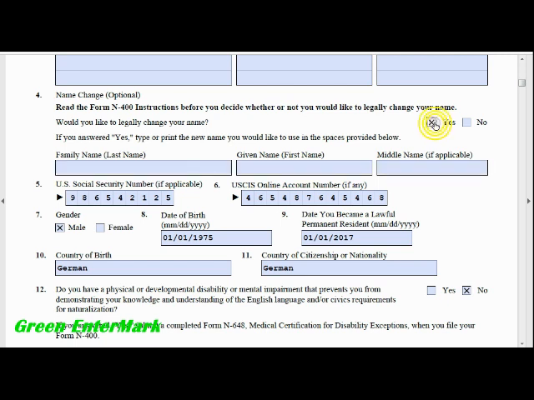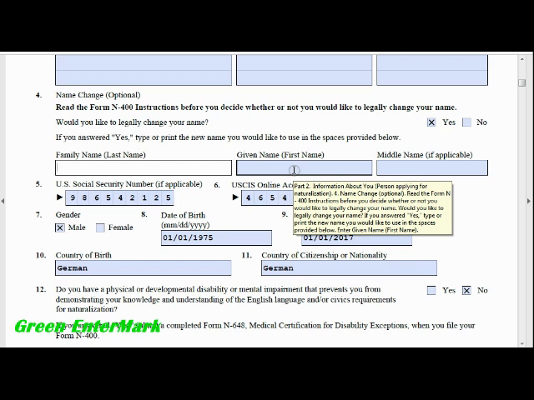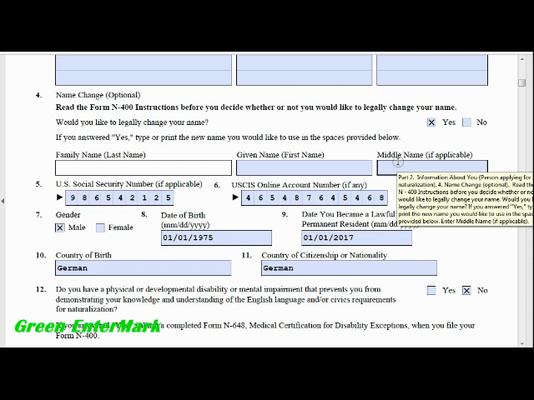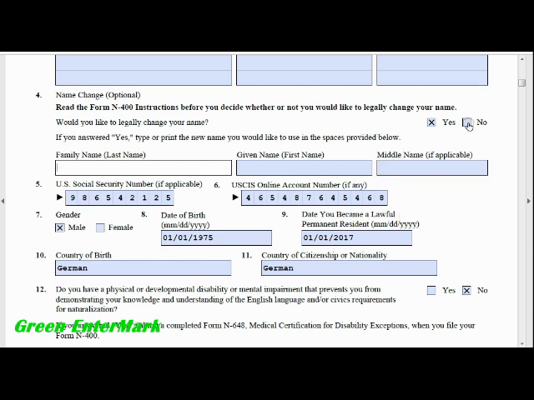If you select yes, then this part 4 section is activated, and you mention your new last name, new first name, and maiden name if any. Otherwise, most of the people select no. Now, US social security number.